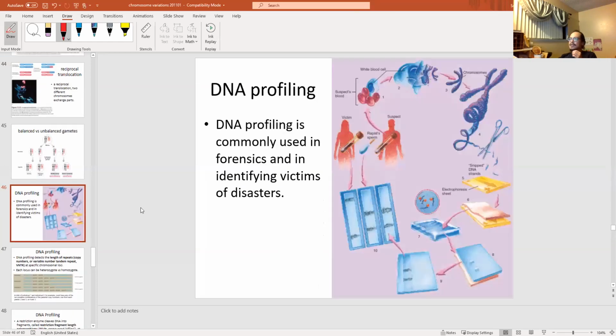So let's look into the detailed process. Here is a graph showing that we first got the sample cells, we got a DNA chromosome, then we cut it. It's not cut randomly.